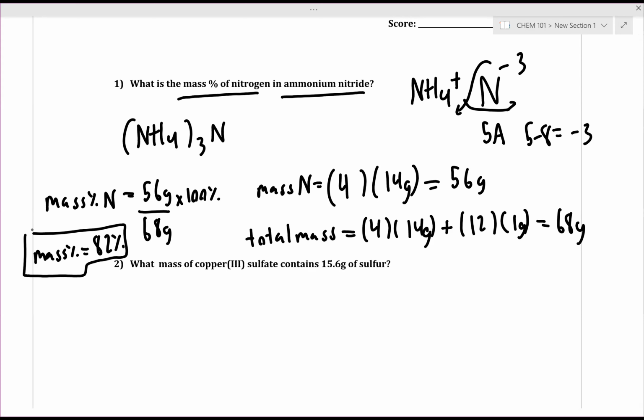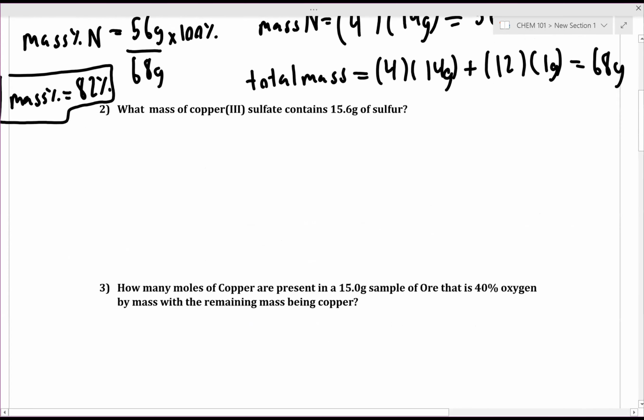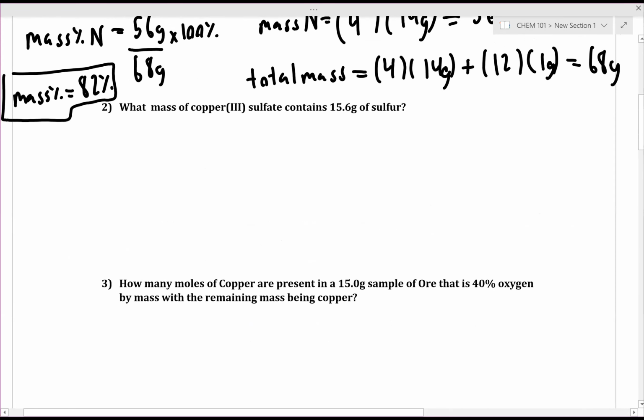So what we're now going to do is assess the next question, which is also a nomenclature-derived question. Again, when I mentioned that you should focus on your nomenclature, I'm really not kidding when I say that. So we're asked, what mass of copper 3 sulfate contains 15.6 grams of sulfur? Would someone like to volunteer a formula for copper 3 sulfate? Jacqueline?